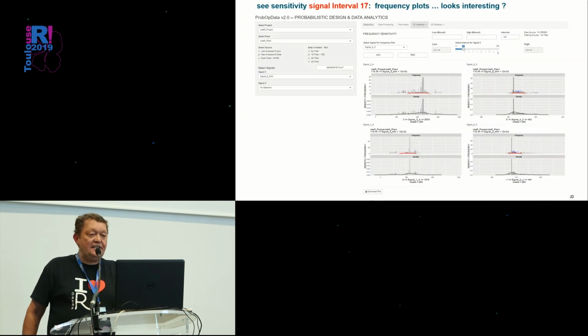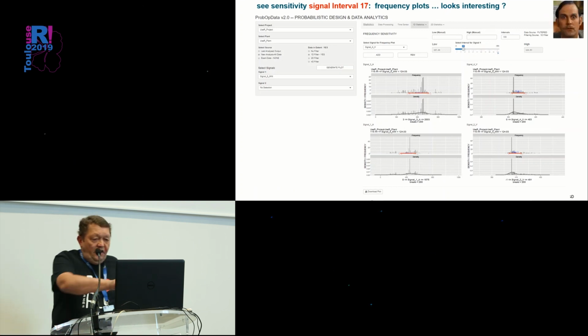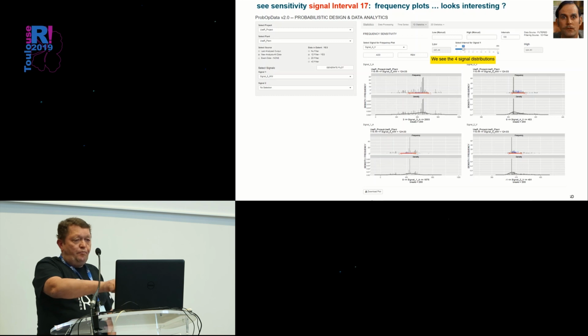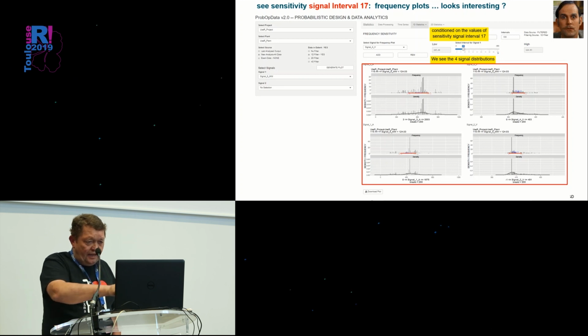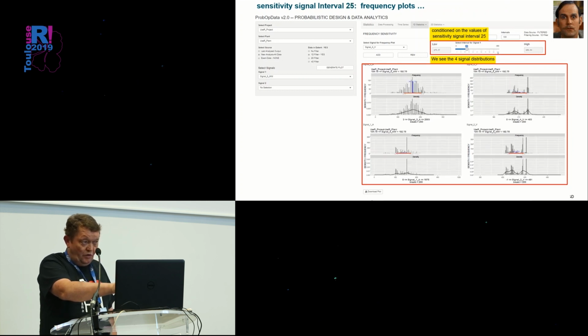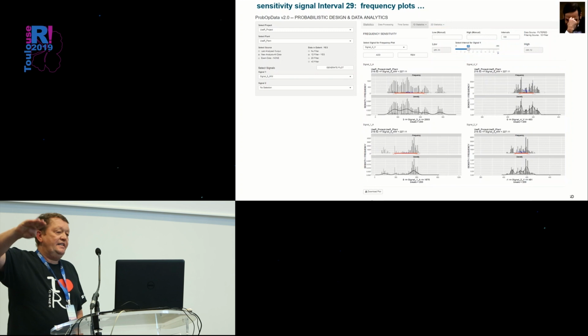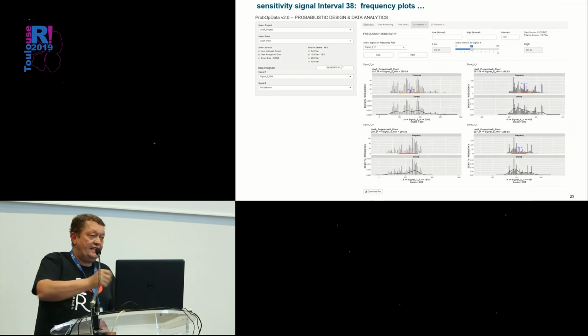But the other signals, they react. You will see it here. You see here the frequency plots with respect to the selected intervals. It's 4 signals, and it's conditioned on the signals of interval 20, 21, 22, and now it changes. The frequency plots are changing with respect to the selected.